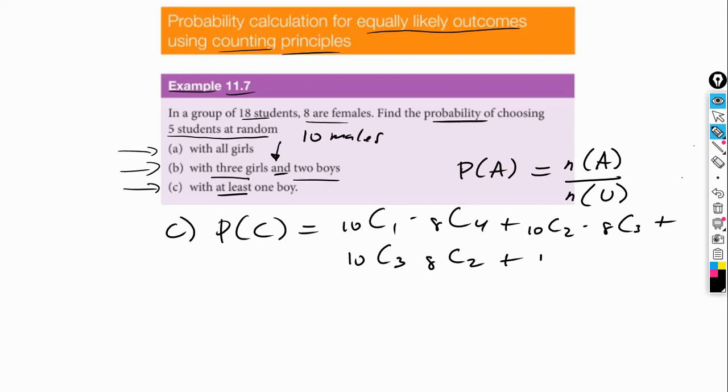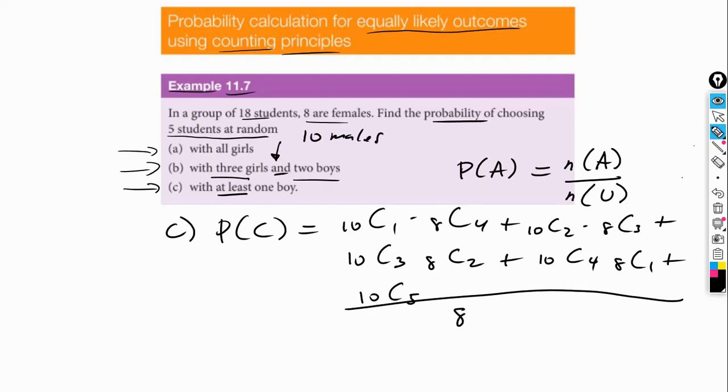Or we could do 4 boys out of 10 in combination with 1 girl out of 8. And finally, we could do just all boys, right? Which would be 5 out of 10. So all of this we would have to divide by the total possible outcomes, which we said was 8,568. So if you do all the math here, you would get 0.9935.